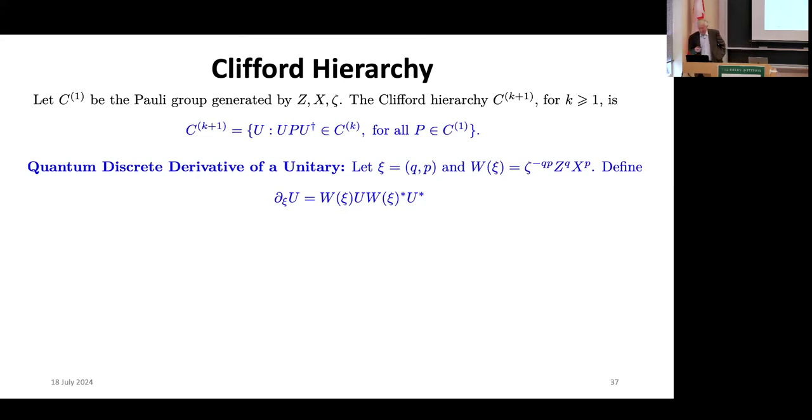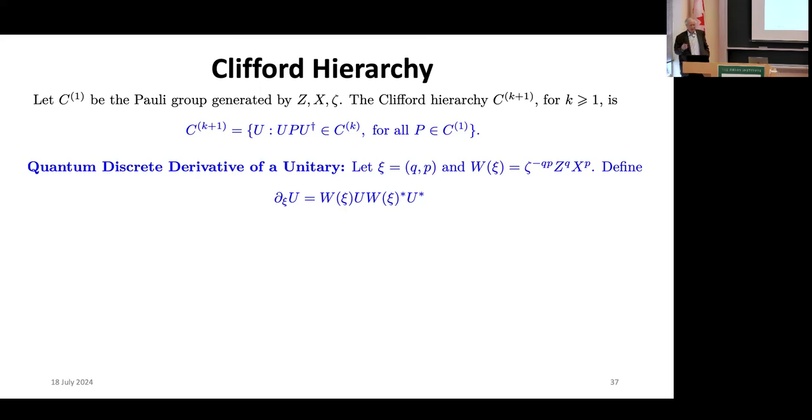And this is based on having a discrete derivative where, in the quantum theory, we would take a unitary U and translate it. Well, W, this translation, is just one of the Pauli operators, one of the elements in the Pauli group. And classically, you would just take Z or X, and then it would be an ordinary type of translation.